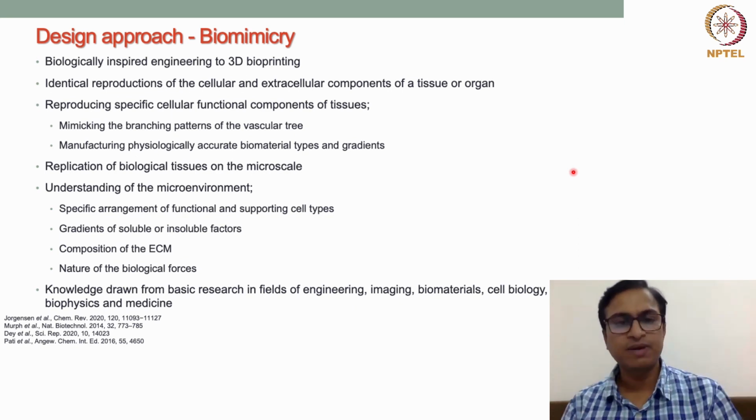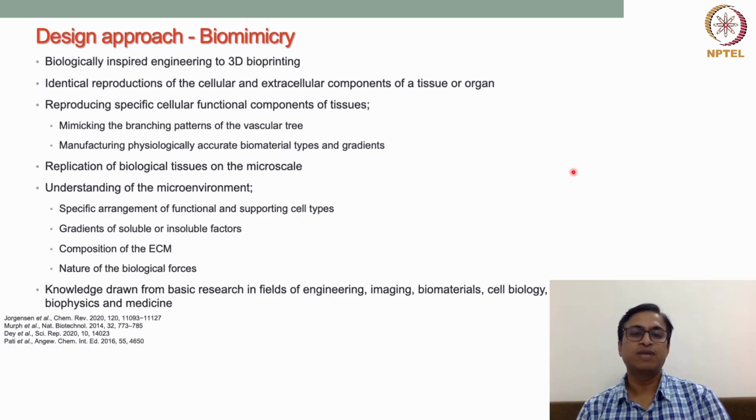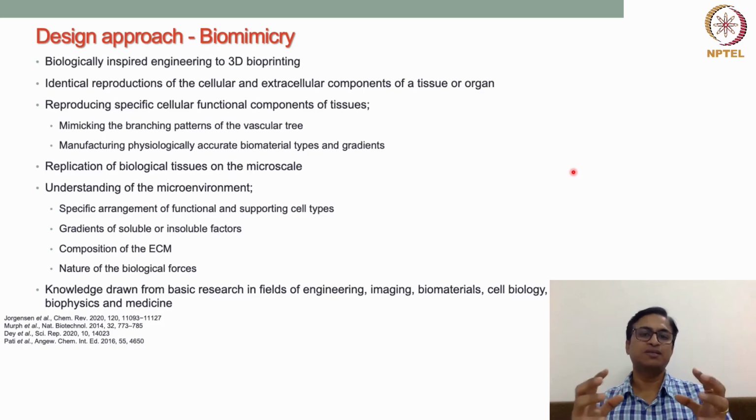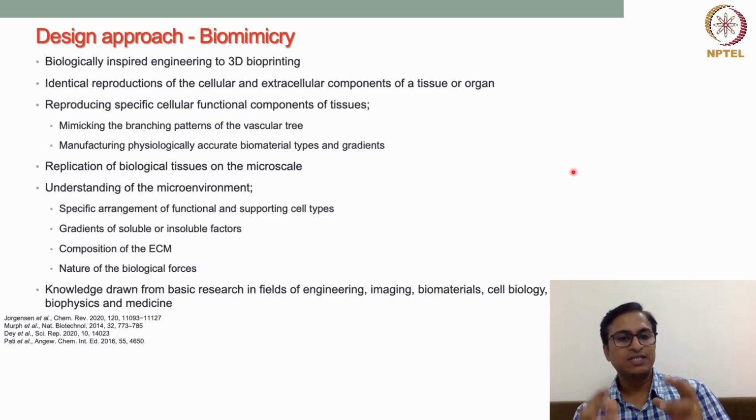Then there is the replication of the biological tissue on the micro scale. In the last lecture also I discussed this: biological tissues are present at the macro scale, if you see the whole tissue. But if we try to understand the structural details of the tissue, then we have to go to the micro scale.